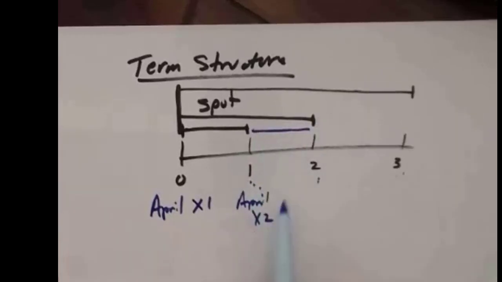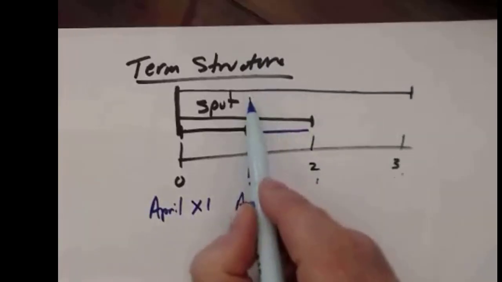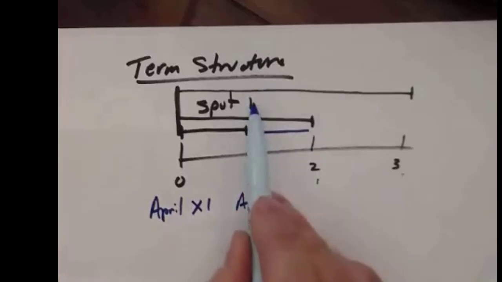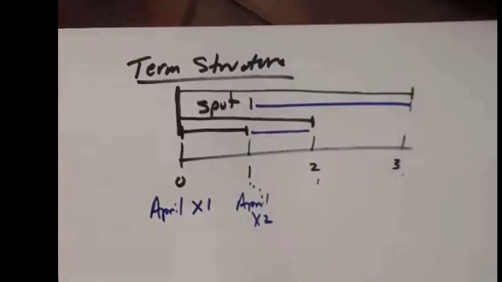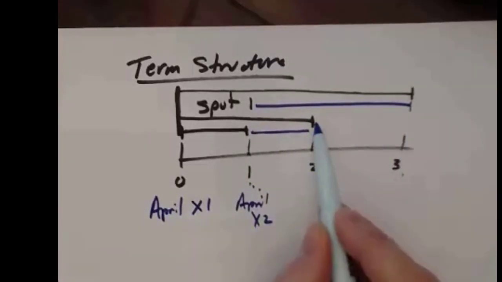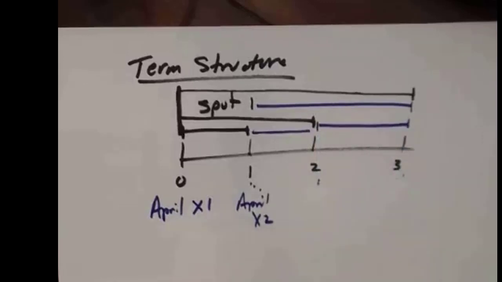That is what's called a forward rate. A forward rate is an interest rate that starts in the future, in this case 1 year from now, and covers 1 year. You could also look at a forward rate that starts 1 year from now and covers a 2-year period. That would be a 2-year forward rate. You could look at a forward rate that starts in year 2 that covers a 1-year period out.